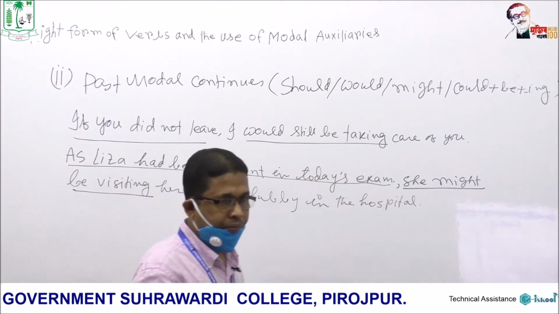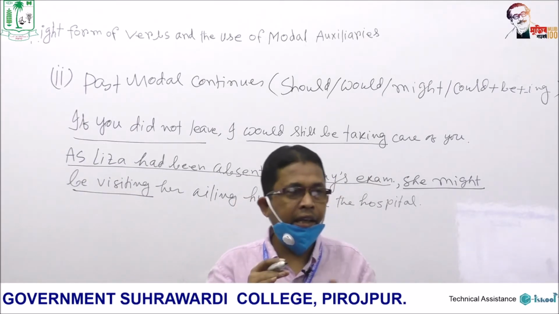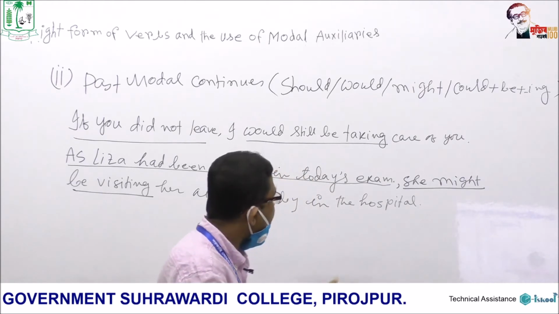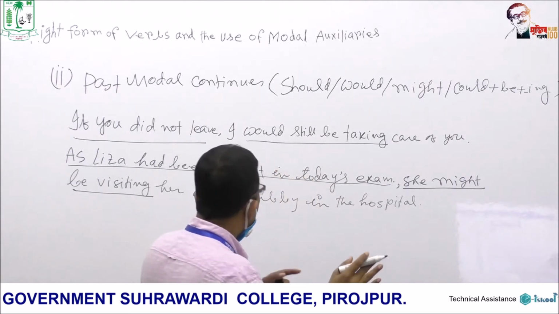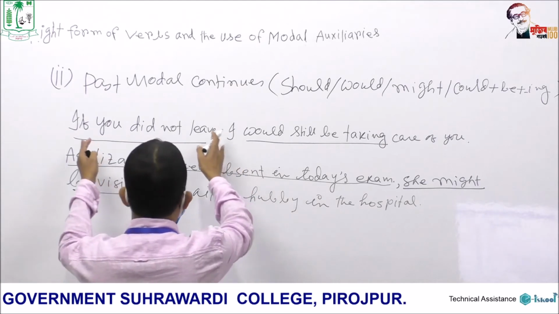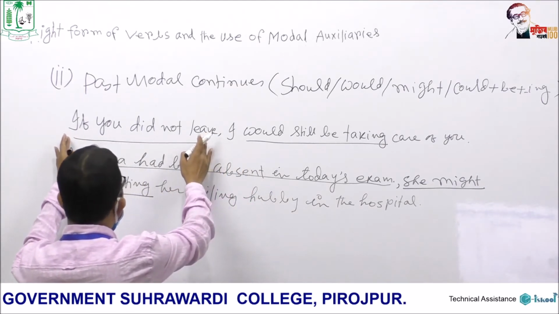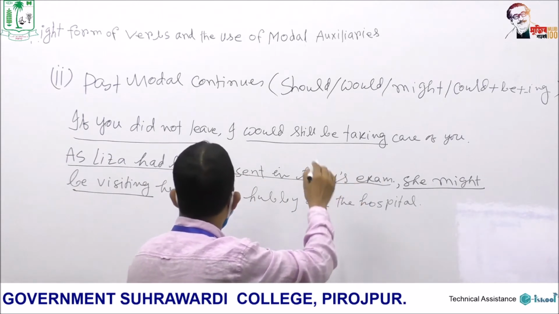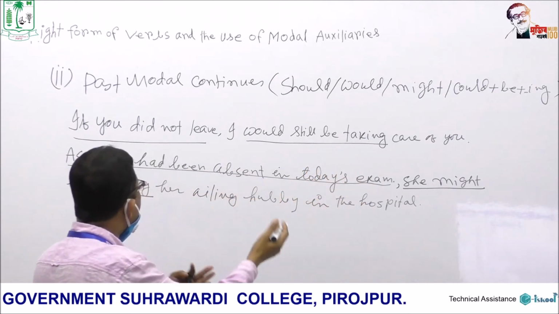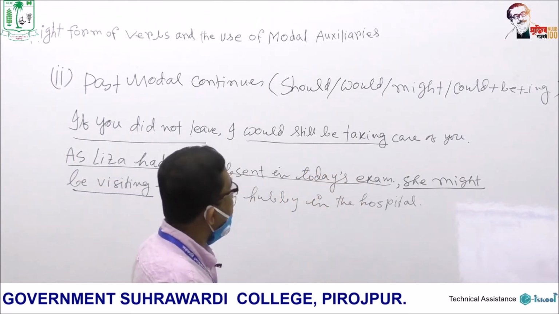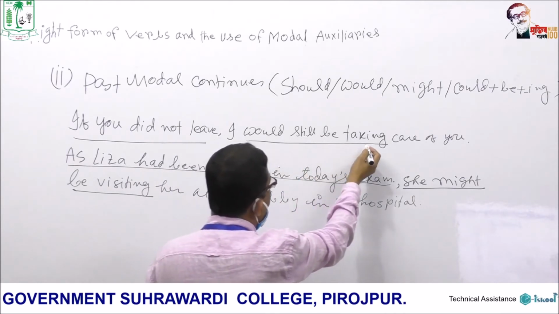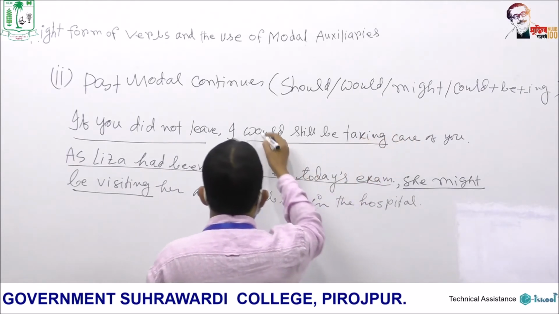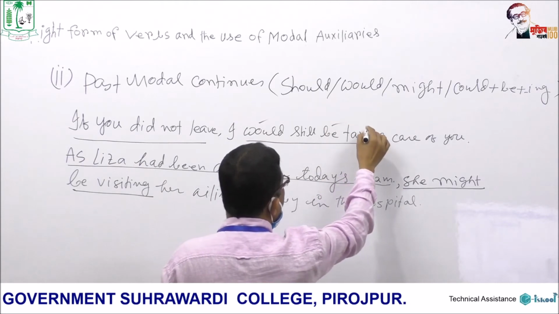And here you are again making some guess. And now the basis of your guess is this past clause. If you did not leave, I would still be taking care of you. Here would, then be, and then taking.